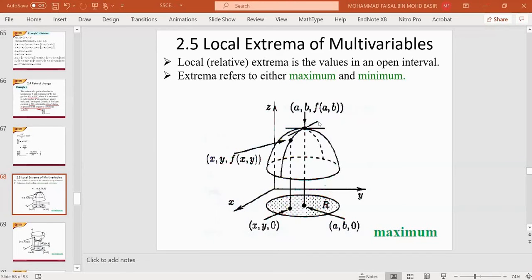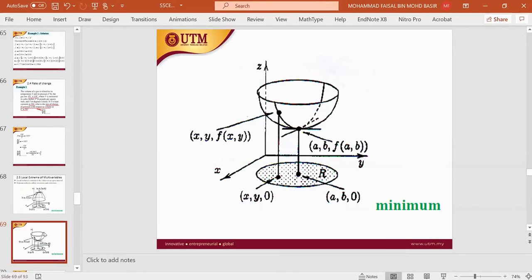If we see here, this is the maximum, right? Maximum curve. So this is the point for the maximum curve. And then we have the minimum curve, minimum surface. So this is the point where the point is minimum to the curve.